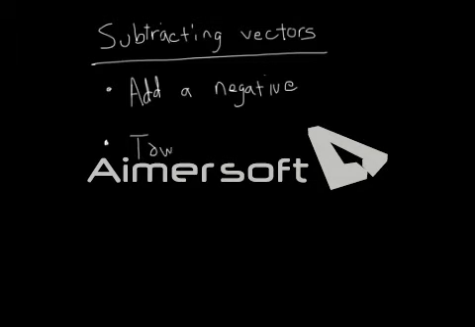Think of moving towards or away from your motion sensor in your labs. When you're moving towards, your velocity was a certain sign. When you're moving away, it was the opposite. Flip the direction, you flip the sign. So you can add a negative vector to subtract it.